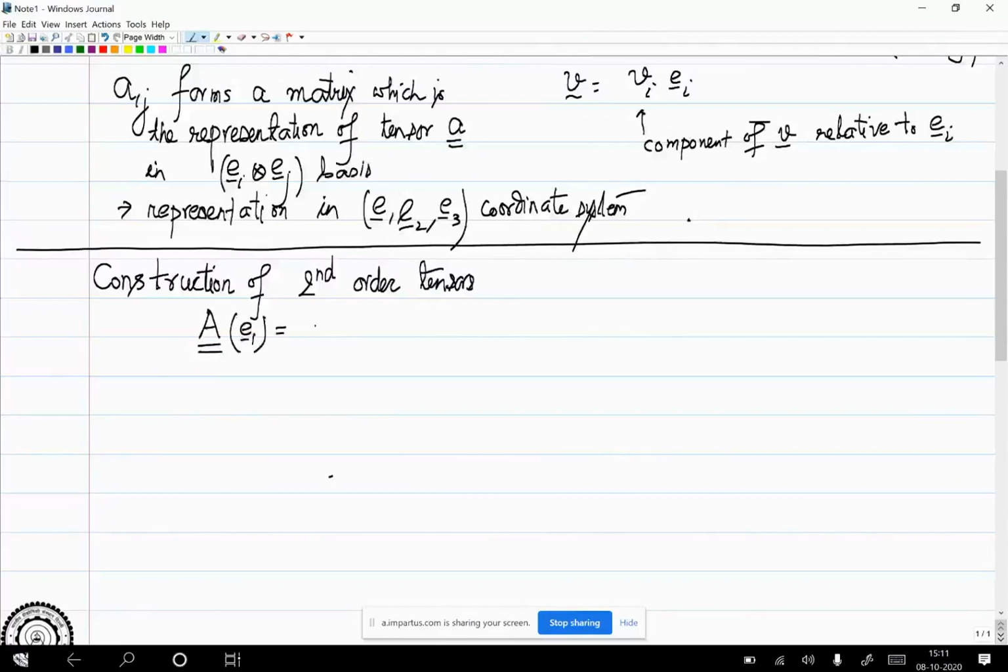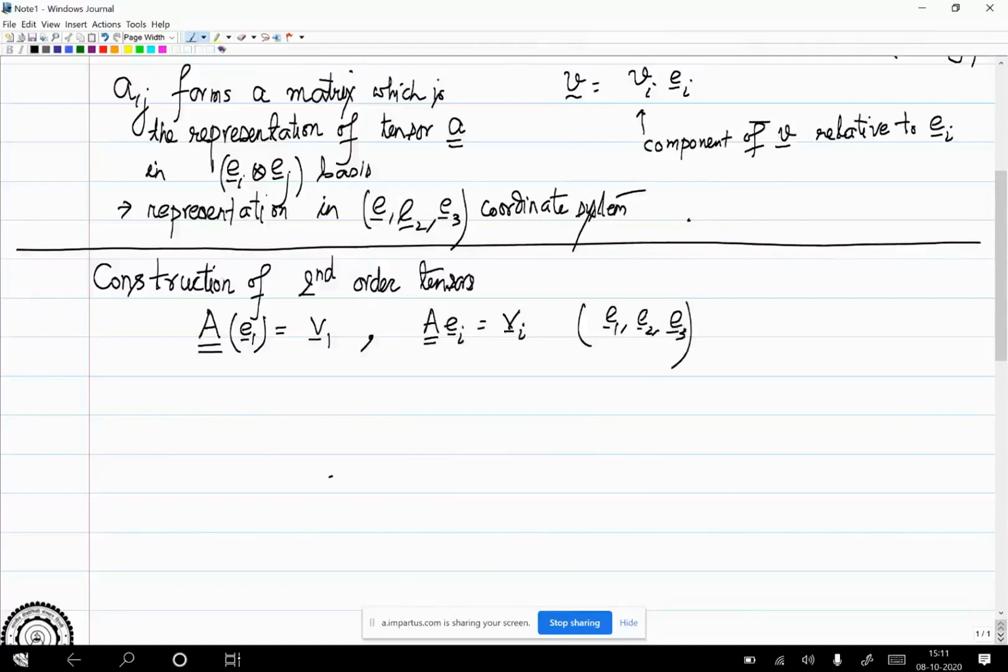A e1 is equal to v1, and using index notation, we simply say that A into ei is equal to vi, for e1, e2, e3. Once we know how this tensor acts on three independent vectors, we would know how it acts on any arbitrary vector, because they are linear transformations.